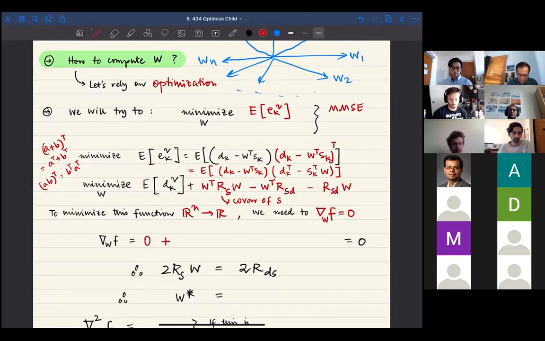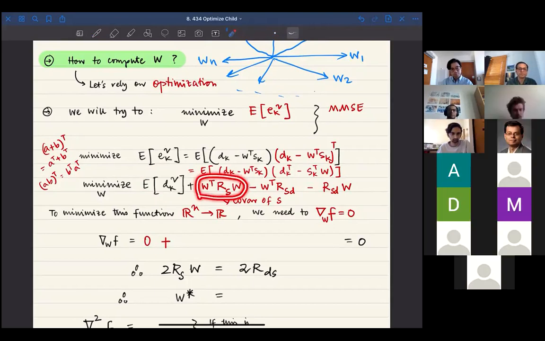Perfect. Plus, what is the differential of this with respect to W? 2RSW. Very good.